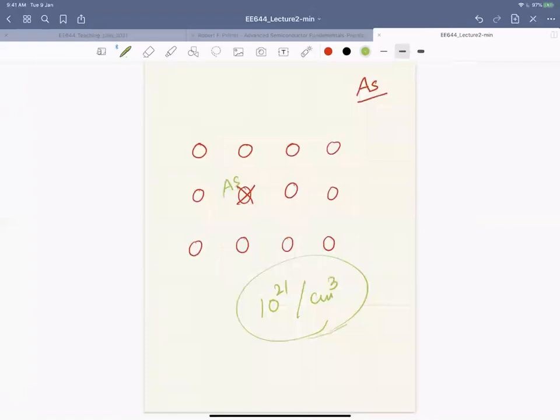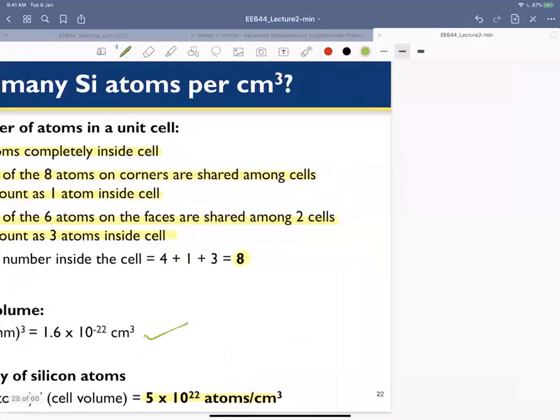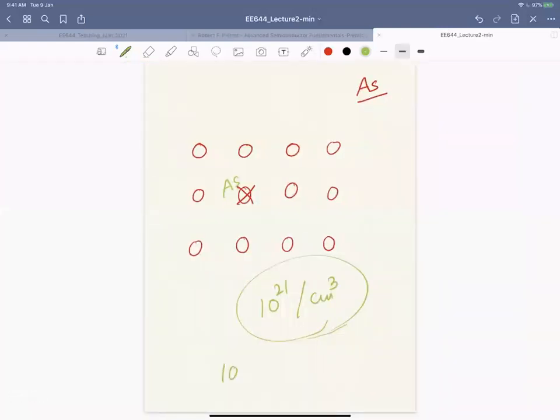When you go to the MOS transistor, you will be told that your N regions, the source and drain regions, are highly doped. The maximum doping is 10 to the 21, and you cannot go beyond that. Similarly, if I have a semiconductor whose atom density is only 10 to the 18 per centimeter cube, then the maximum doping you could have is around 10 to the 16 or 10 to the 17.